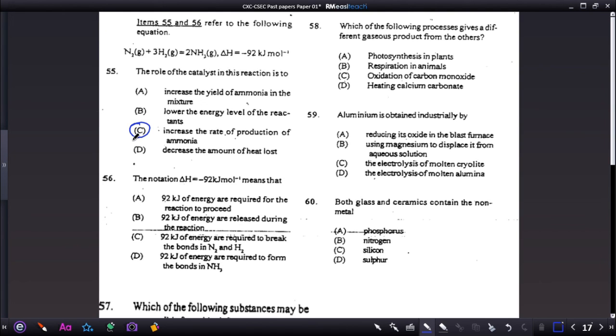D. 92 kilojoules of energy are required to form the bonds in ammonia. So the process is exothermic, and it means that it releases this amount of energy during the reaction. So it is B.